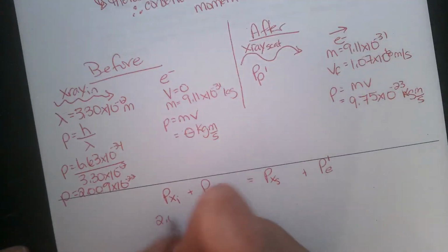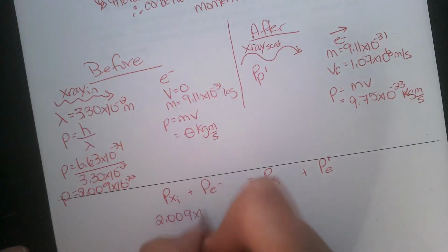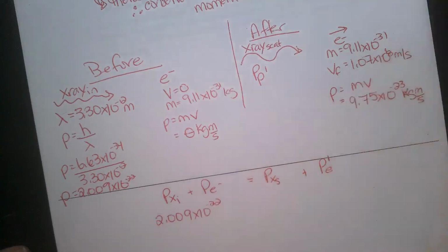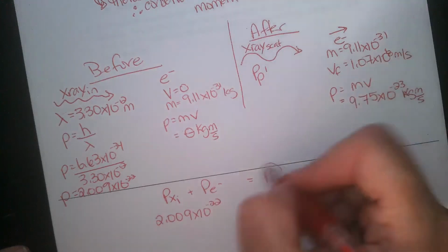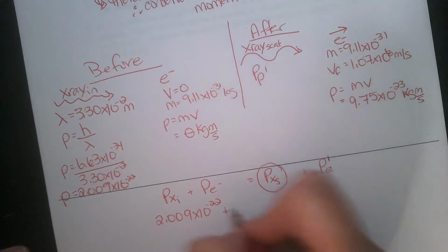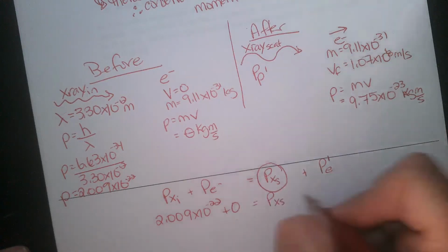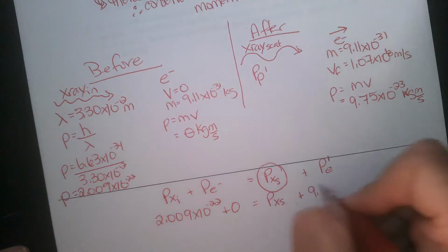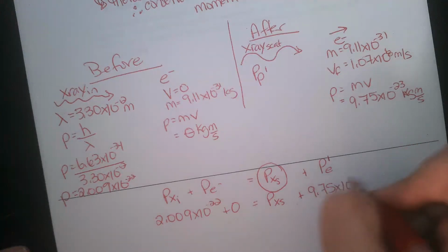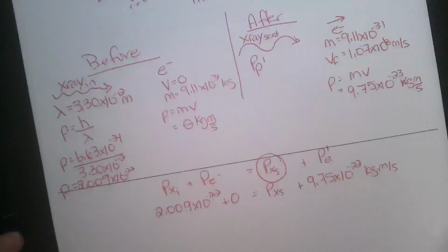So we got 2.009 times 10 to the negative 22. It's asking us for this momentum here. Plus 0 is equal to P x scattered plus 9.75 times 10 to the negative 23 kilograms meters per second.